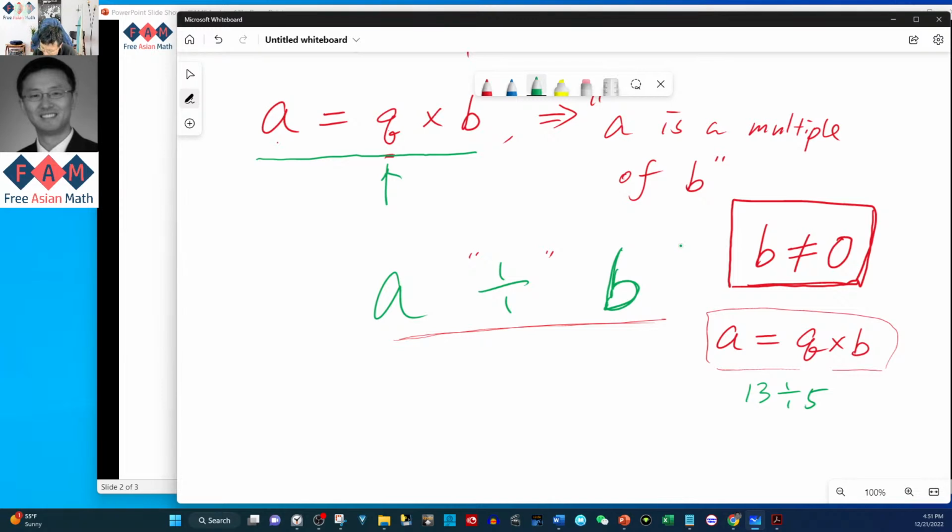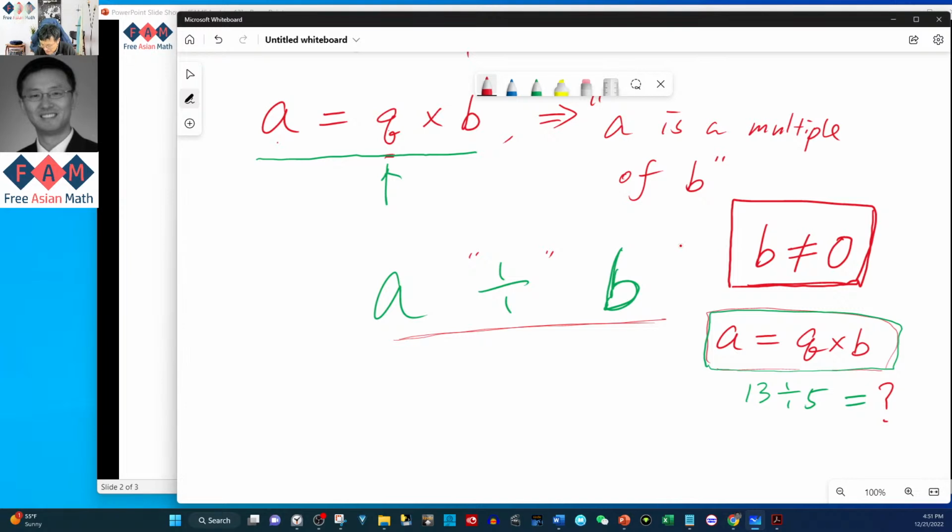So this constraint exists only because so far we only have integers. We don't have anything else. If we don't put this constraint there, we will have the embarrassing situation that we will not be able to define what this is.